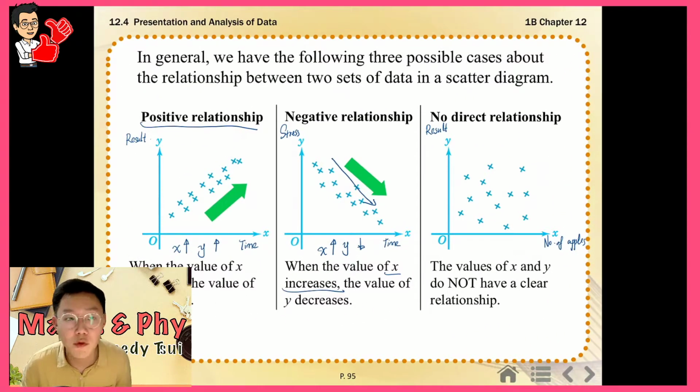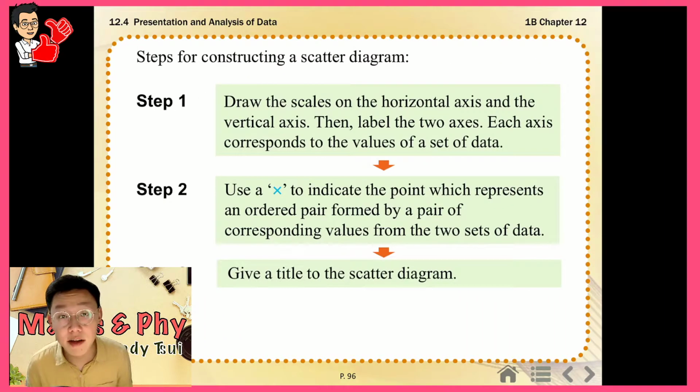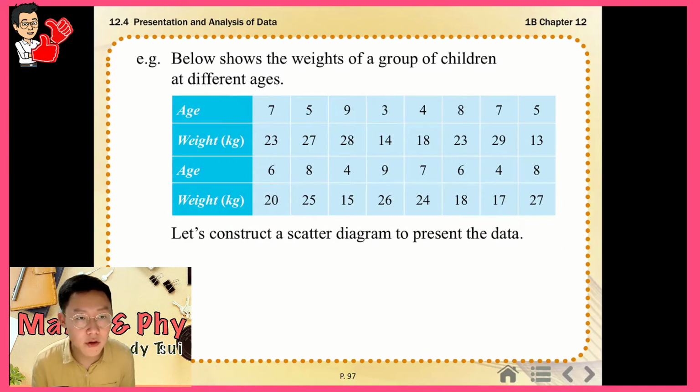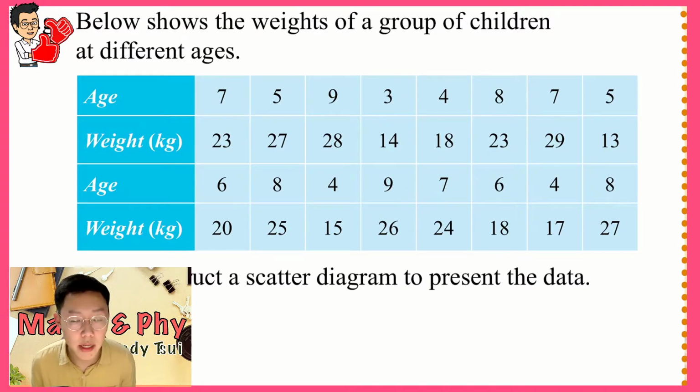So I want you to remember these three types of scatter diagram. And now I'm going to teach you how to construct a scatter diagram. Usually for a scatter diagram, we have two statistical items.